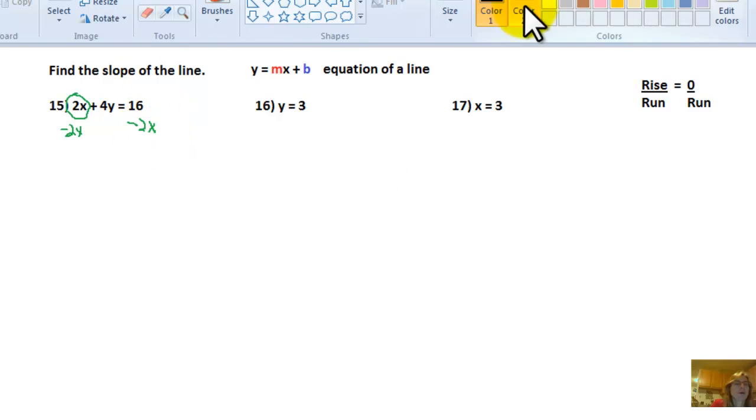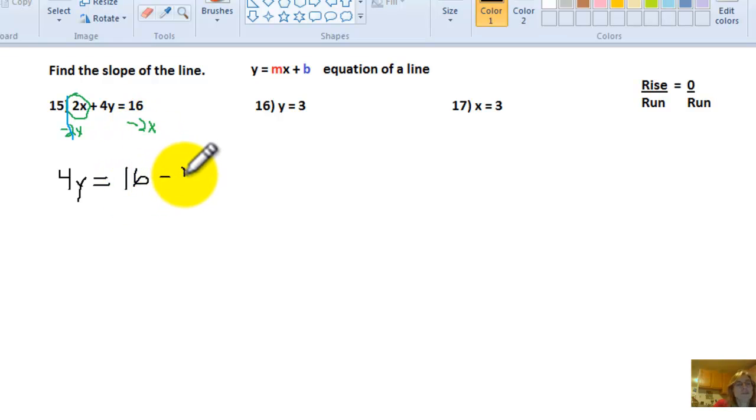And that would give us a new problem that looked like this. Plus 2x minus 2x is 0. So we have 4y equals, we still have 16, we haven't done anything to that, and we have minus 2x.